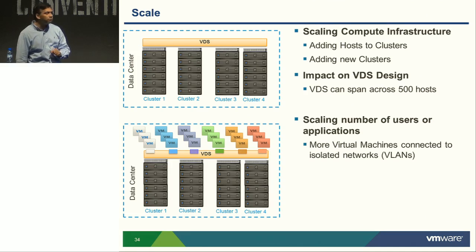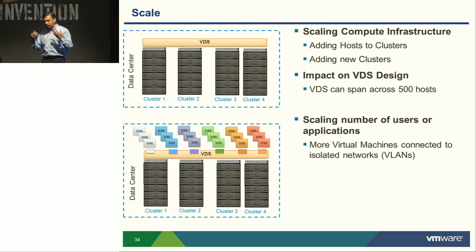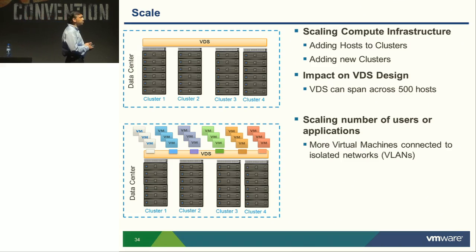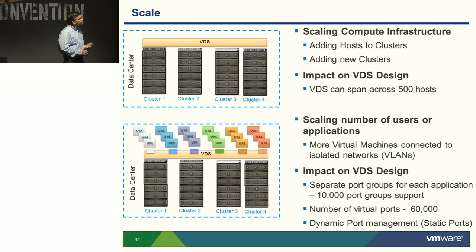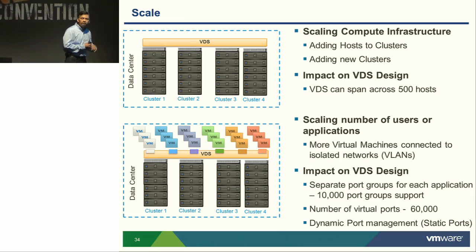Now, another type of scaling which you might be thinking about is like VDI deployment, where you have a lot of users, and you think about how many virtual ports I have on a distributed switch. You really have 10,000 port groups. That means you can have 10,000 isolated port groups. Unfortunately, you don't have that many VLANs. You have 4,000 VLANs, so you really don't get a real advantage of doing that many port groups.